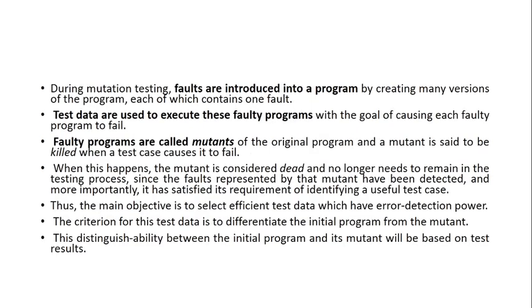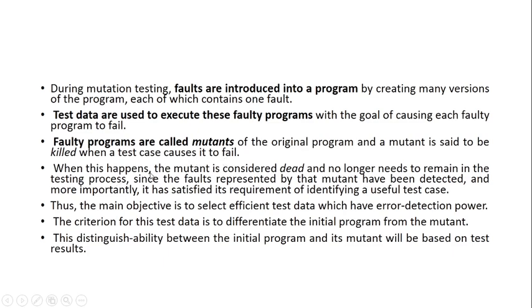Now, how is it being carried out? During mutation testing, faults are introduced into a program by creating many versions of the program, each of which contains one fault. Test data are used to execute these faulty programs with the goal of causing each faulty program to fail. Faulty programs are called mutants of the original program, and a mutant is said to be killed when a test case causes it to fail.